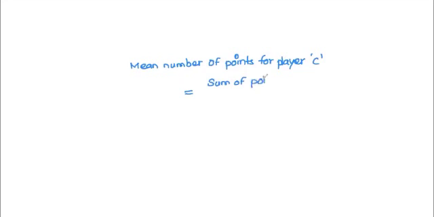he played. And that means player C has only played 3 games, or while calculating the mean number of points per game, we should include only 3 games, and hence mean number of points for player C is equal to sum of points divided by count of games.